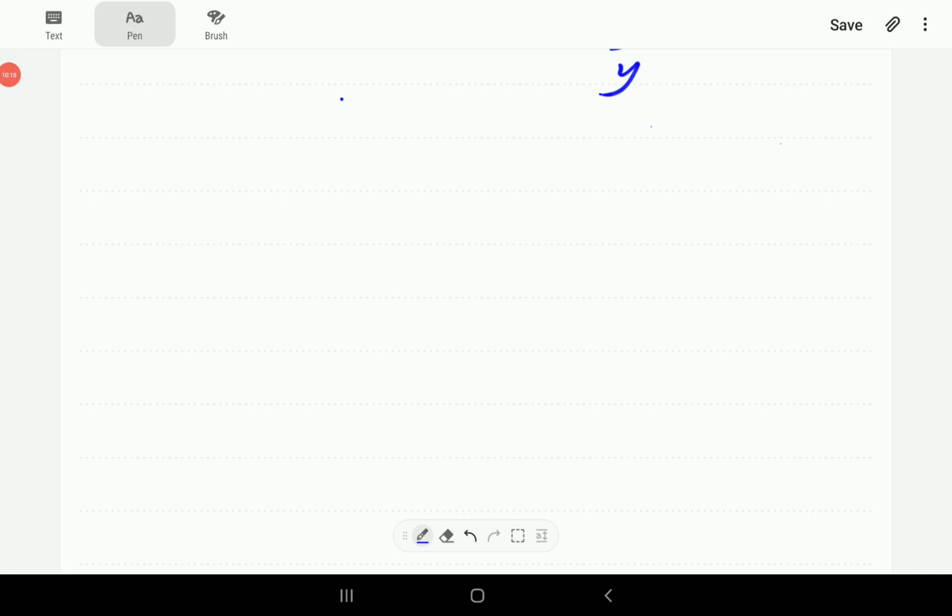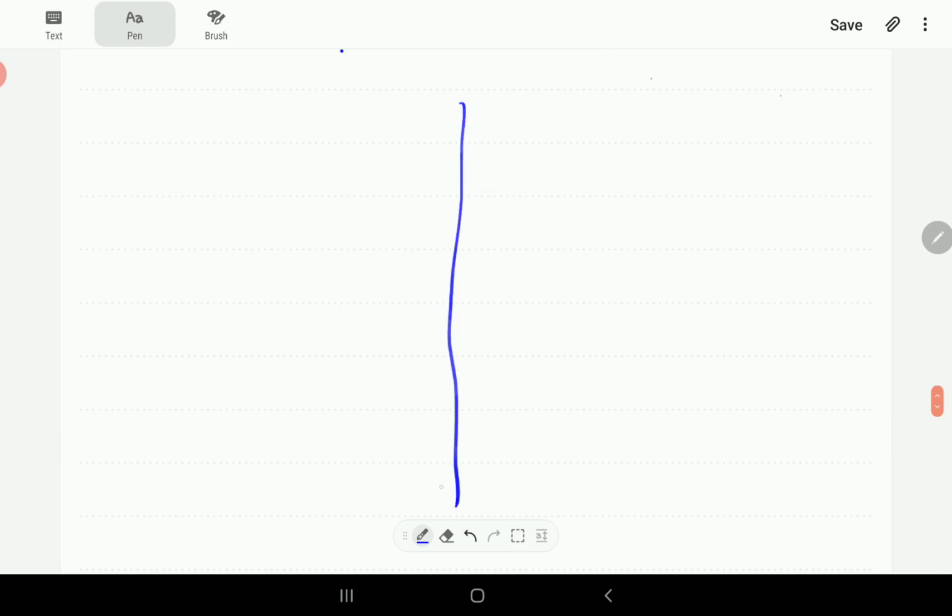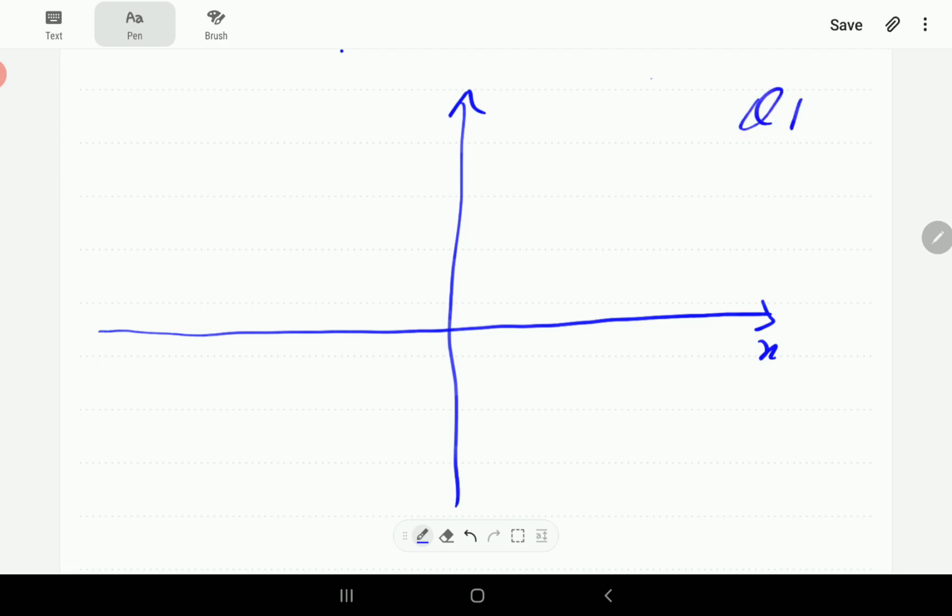Okay, the last thing we're going to do in this video is to look at the signs of the trigonometric functions in the different quadrants. So this is quadrant 1, this is quadrant 2, quadrant 3, this is quadrant 4.